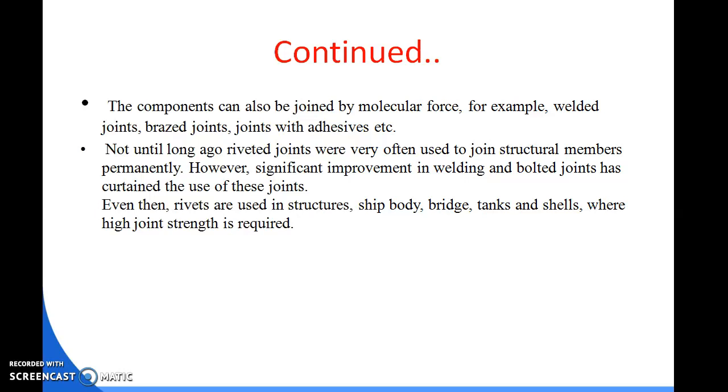Even then, rivets are used in structures, ship bodies, bridges, tanks and sails, where high joint strength is required.